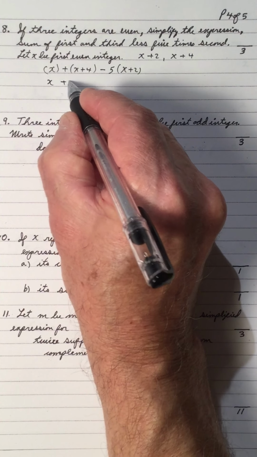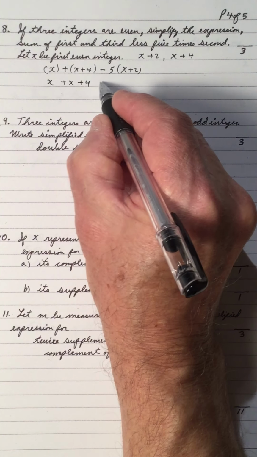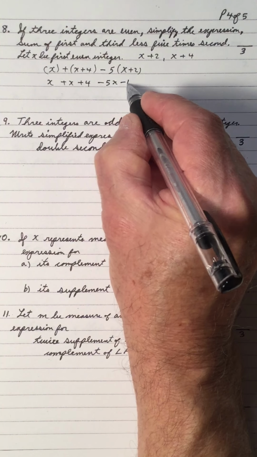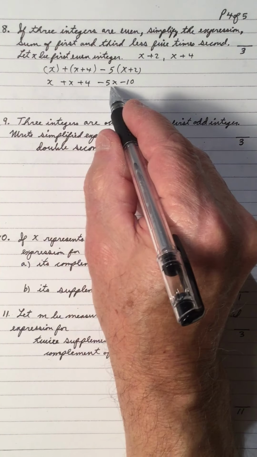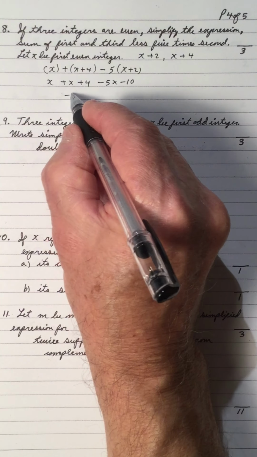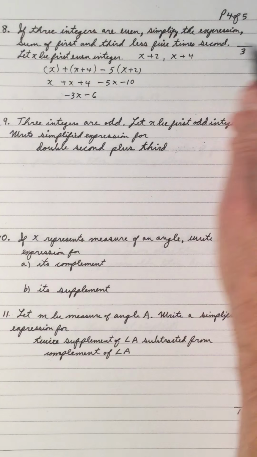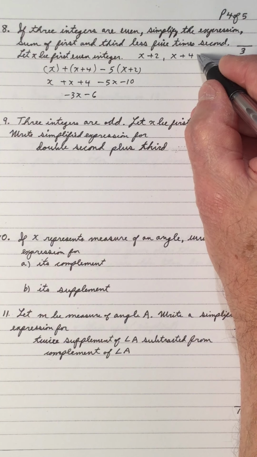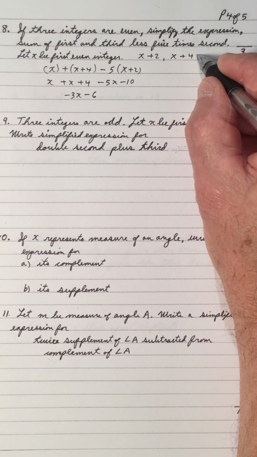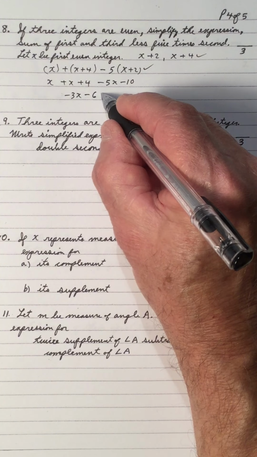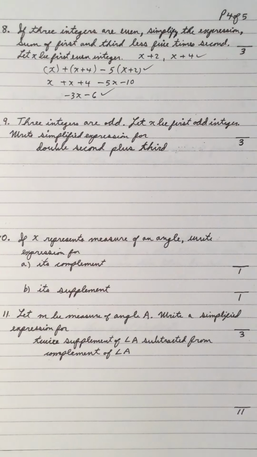We got x, add on x plus 4, negative 5 times x, negative 5 times 2. And simplify, we add like terms. We get negative 3x minus 6. So if you have each of these, give yourself a mark. If you have the expression, give yourself a mark. If you have it simplified, give yourself a mark. 3 altogether.